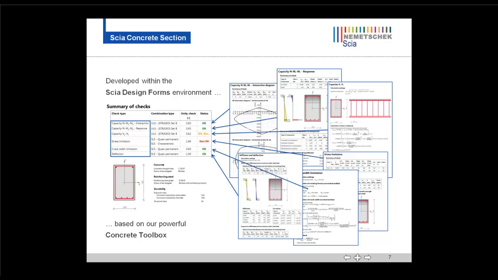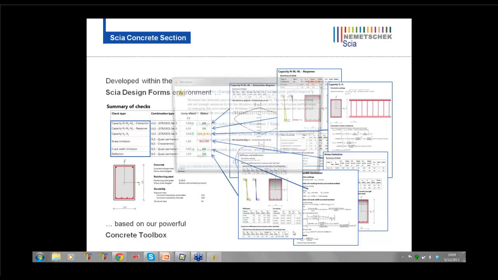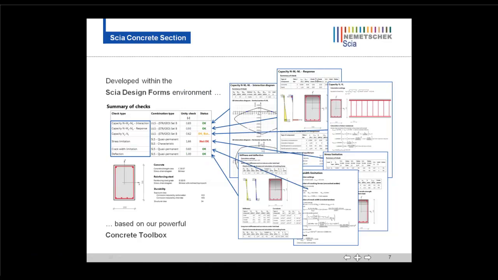So these functions can be linked to Scia Design Forms, but also to any other software, and then only the code-dependent parts needed to be hard-coded in the design forms itself. These functions have a very high performance, and because they are generic, they support calculations of arbitrary cross-section shapes, including arbitrary reinforcement positions, and they may be subjected to arbitrary loads.